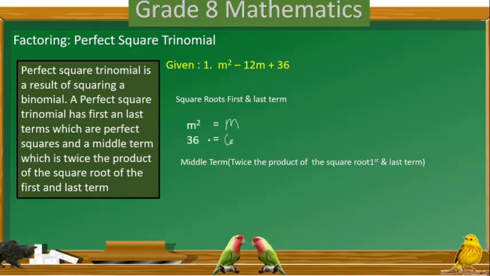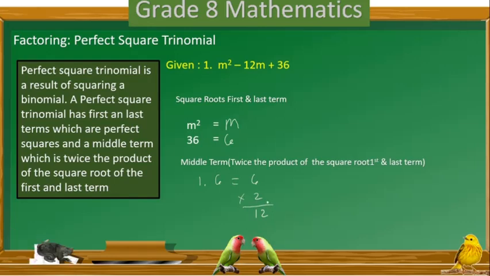Okay. In order to know that the given trinomial is a perfect square trinomial, we have to multiply the square roots of the first and last term. That is 1 times 6 equals 6, times 2, that is 12.